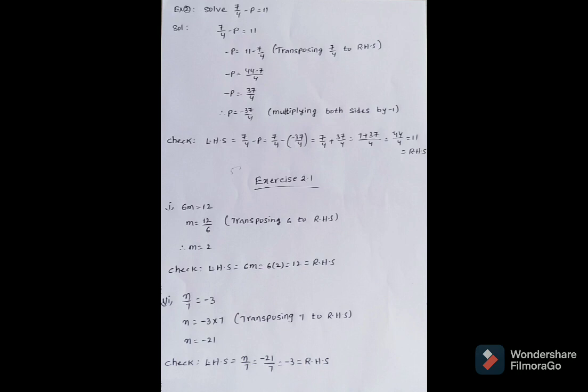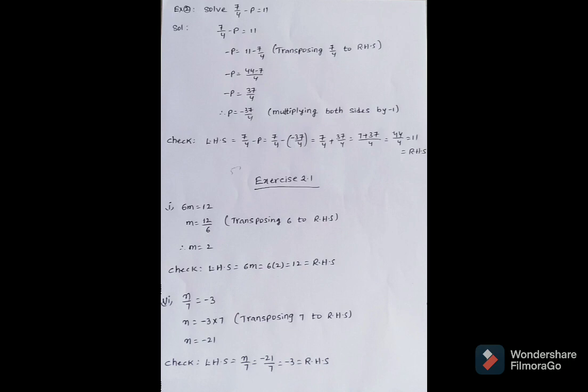So LCM is 4. So we add numerators. 7 plus 37 equal to 44 by 4. That equal to 11. It is equal to RHS. So LHS is equal to RHS. So the solution is right.